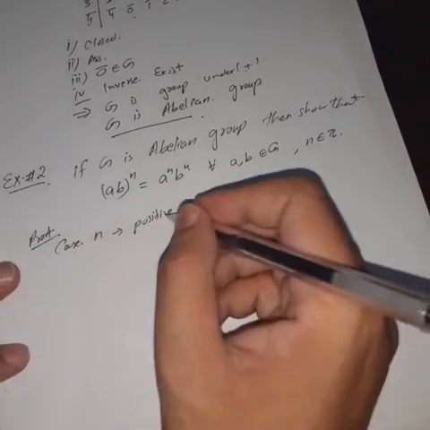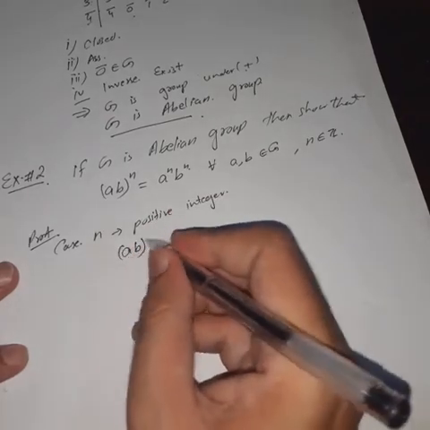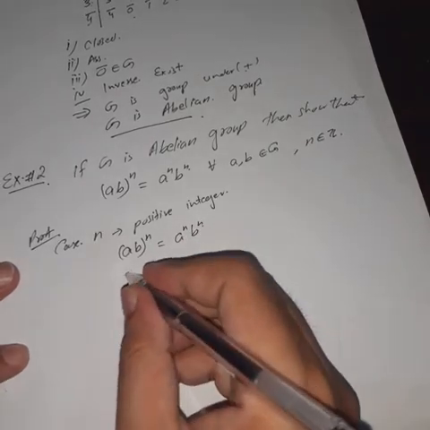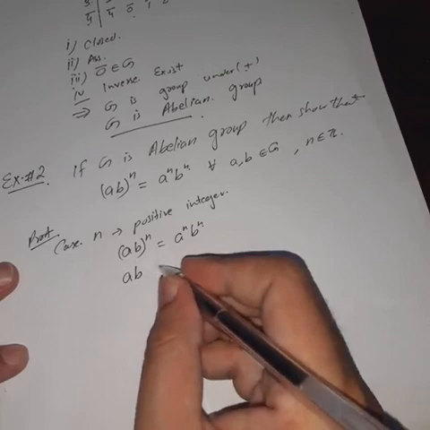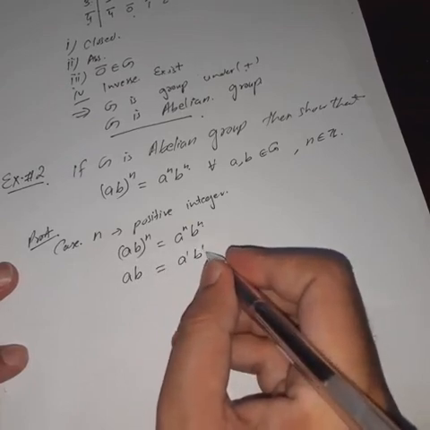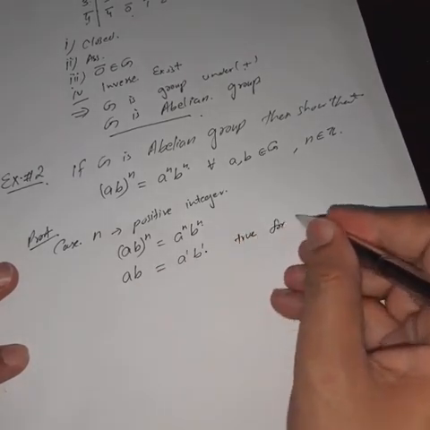For n equal to 1, we see that (ab) power n is equal to a power n b power n. If we put n equal to 1, then ab is equal to a power 1 b power 1. So it is clearly true for n equal to 1.